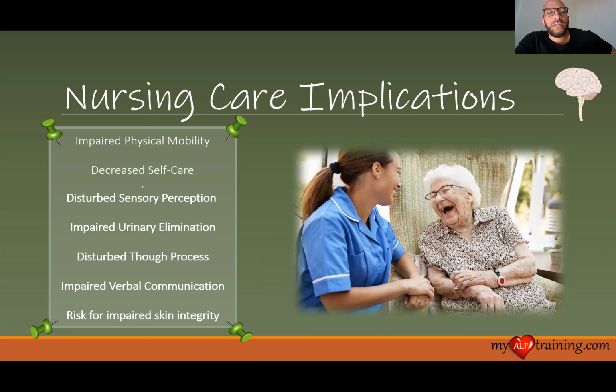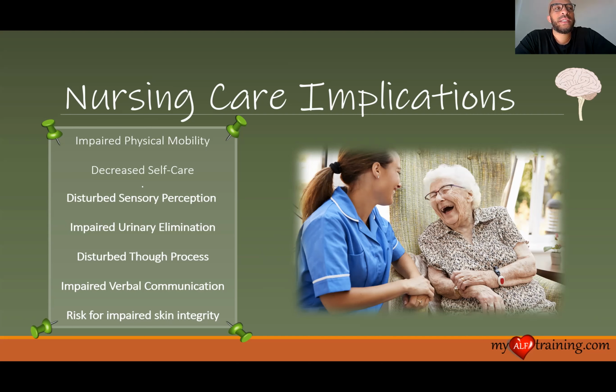It's going to be difficult to communicate with these patients sometimes because either they have expressive aphasia, which means that the patient can't find the words that they want to use to make a sentence or to speak with you.